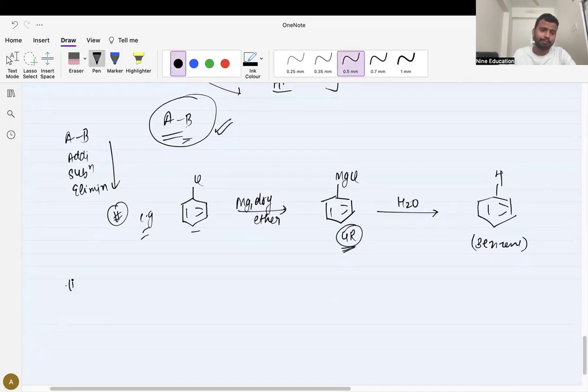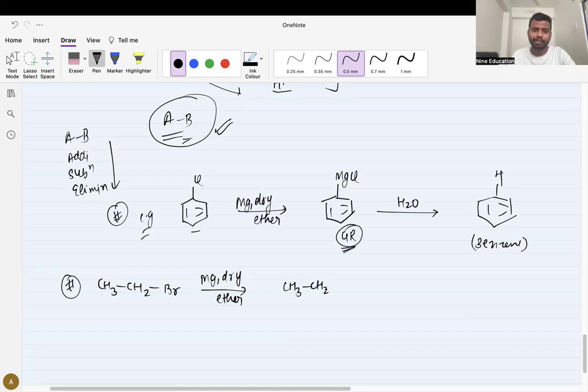Let's say I take one more example. Let's say I have this CH2Cl and I put in this reaction Mg in dry ether. Done. So what will happen if I put Mg in dry ether? I will get CH2 and magnesium will come in between, magnesium Br. This is our Grignard reagent.